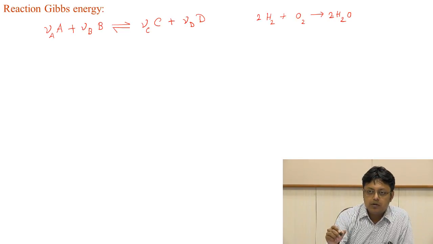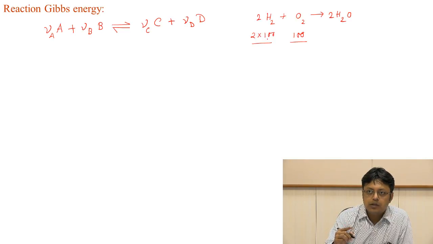Suppose I talk about how much reaction has proceeded in, say, 1 minute, and say, for example, 100 molecules of oxygen have been consumed in that 1 minute duration, and we are asking how many hydrogen molecules will be disappearing in 1 minute. That will be 200, of course. To ask how much the reaction has proceeded, if you look from oxygen's perspective, it is 100 molecules. If you look from hydrogen's perspective, it is 200 molecules.